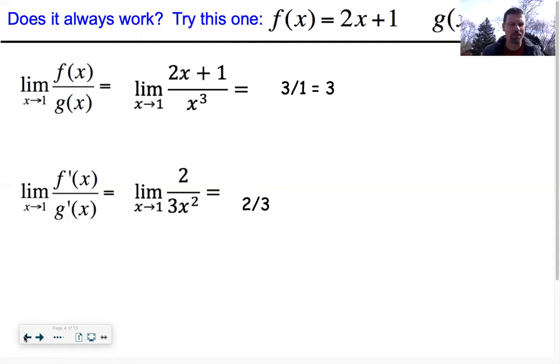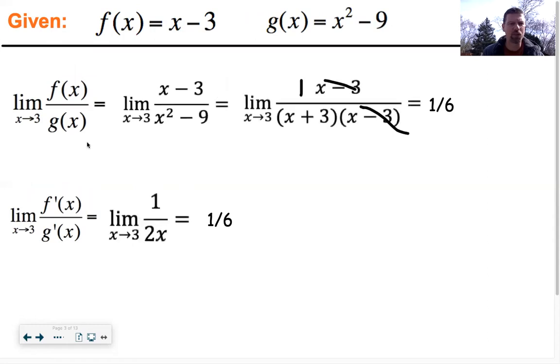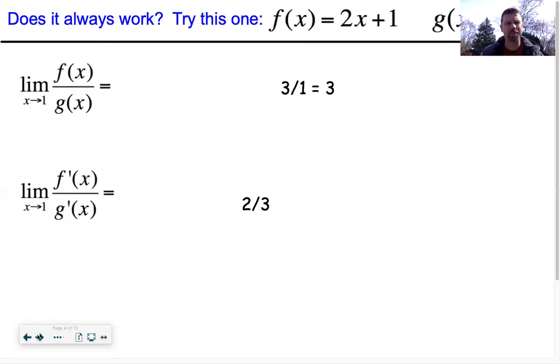So it turns out that if that limit is in an indeterminate form, if I have that 0 over 0 when I tried just substituting in, like over here in this one, when I tried plugging a 3 and I got 0 over 0, when that happens, the final answer for the limit is the exact same as if you took the derivatives and found that limit. That is something called L'Hopital's rule.